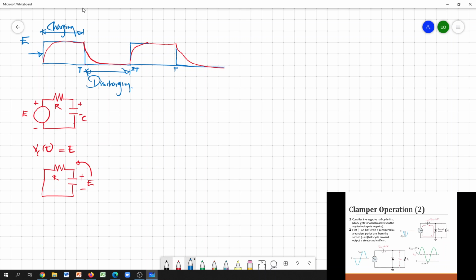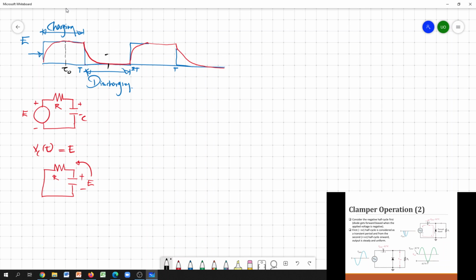So what happens, for example, let's assume this value. Let's assume this is tau. We'll assume that this value is basically tau naught.